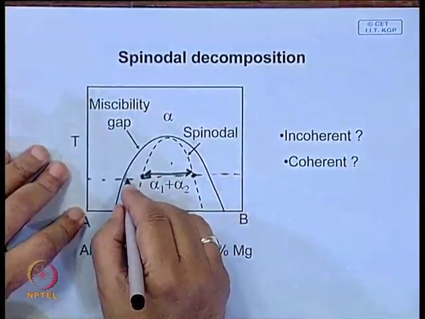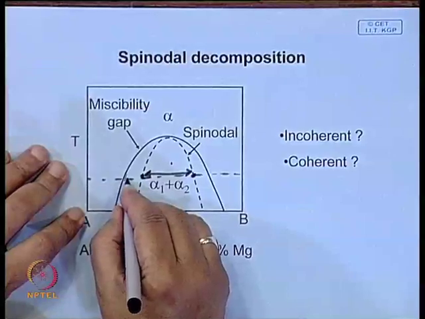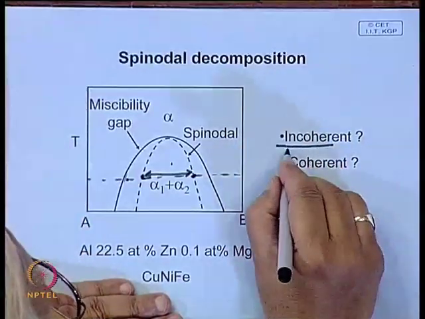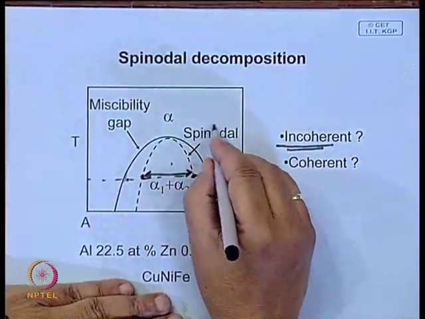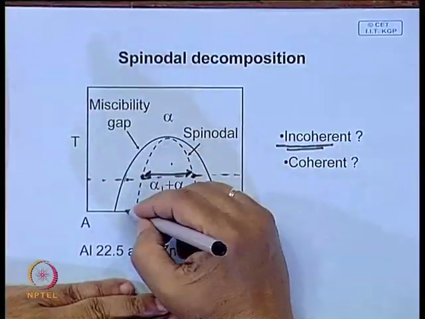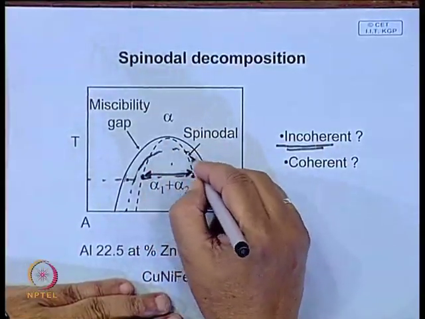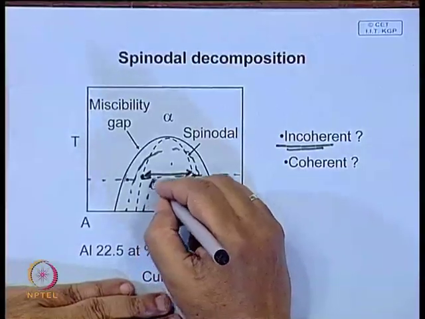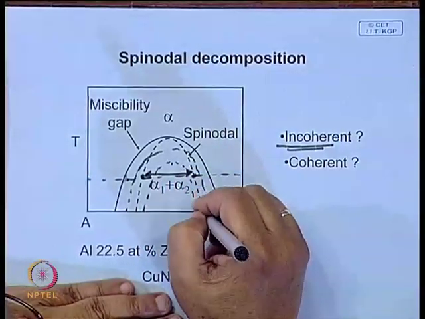Here it will be normal nucleation and growth. And this is the case we are considering where the precipitate is incoherent. If the precipitate is coherent, the solvus curve for coherent precipitate will be somewhere here. Similarly, for coherent precipitate you will have a different spinodal.